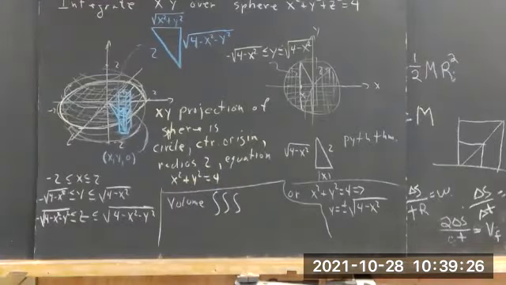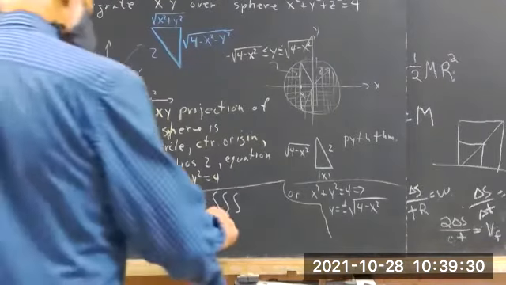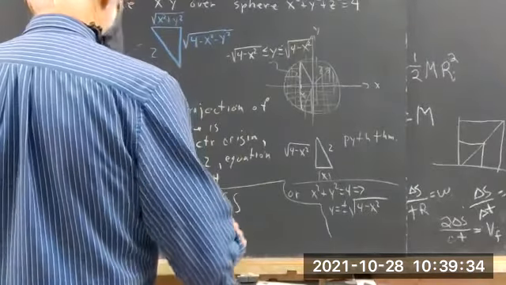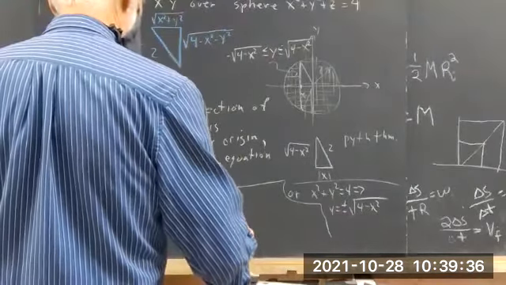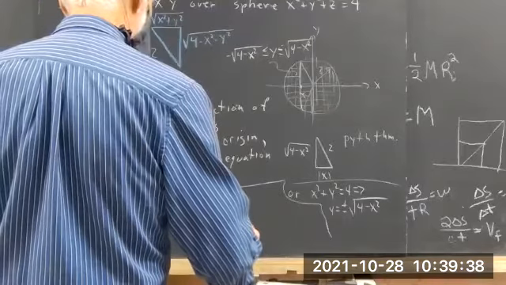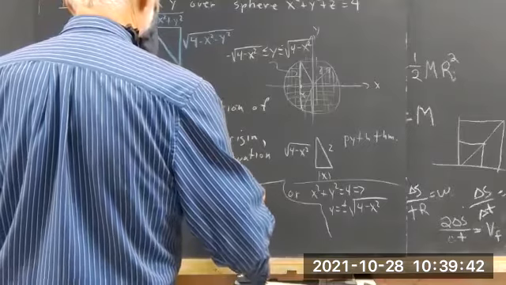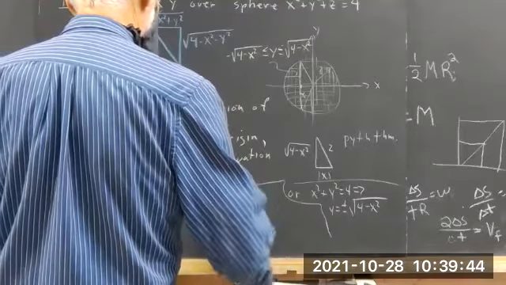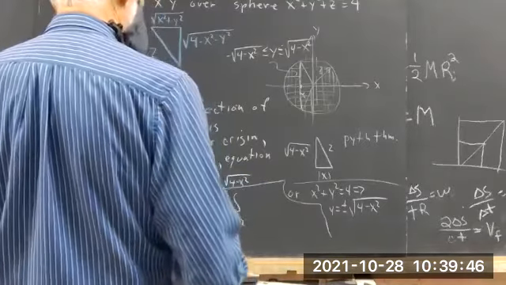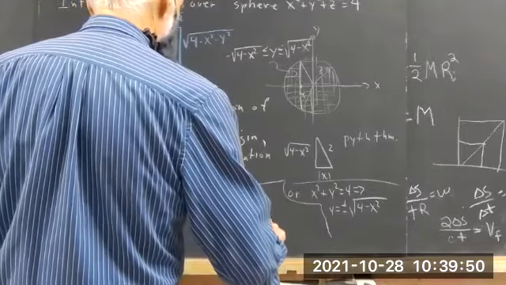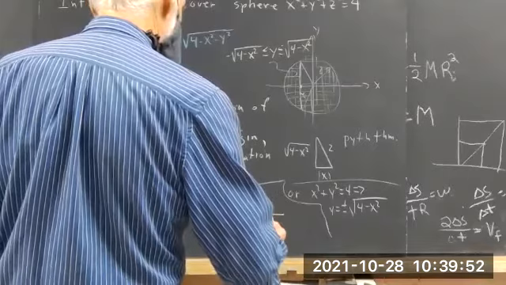Now you've got to be careful. You want to have x being the outer integral, and then y being the middle integral. And then this last one, and it's going to be kind of crowded here.